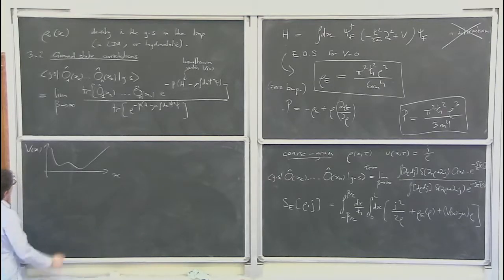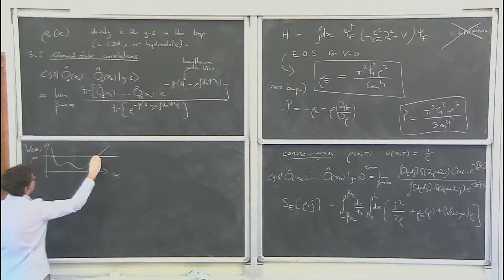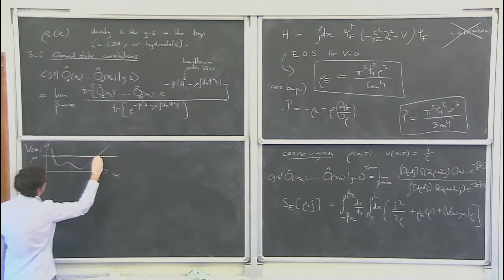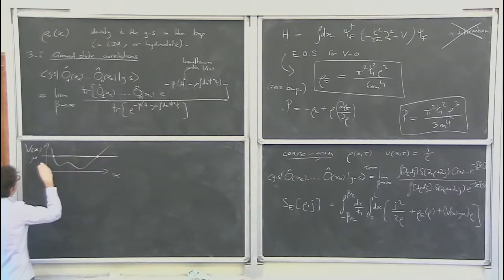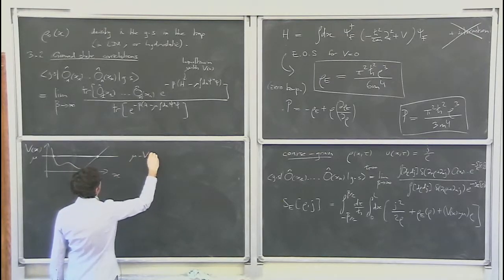Say we have a chemical potential that is here somewhere, and so the system will be filled in a finite interval, which is the region where the potential is lower than the chemical potential, so where mu minus V is positive.